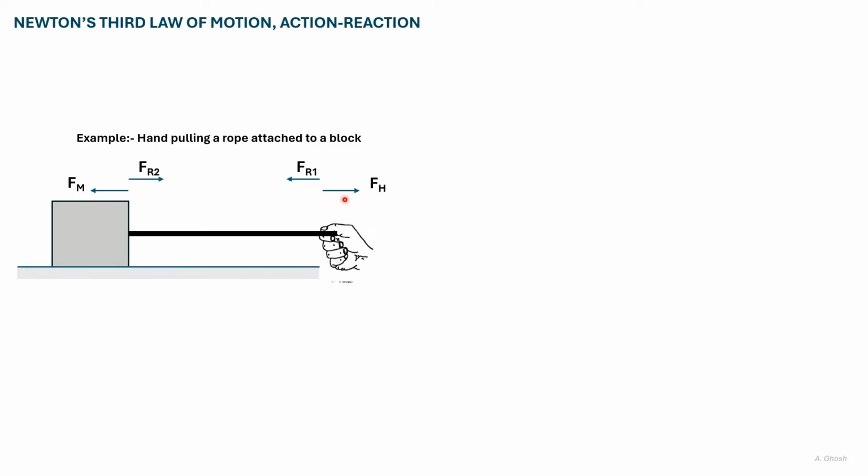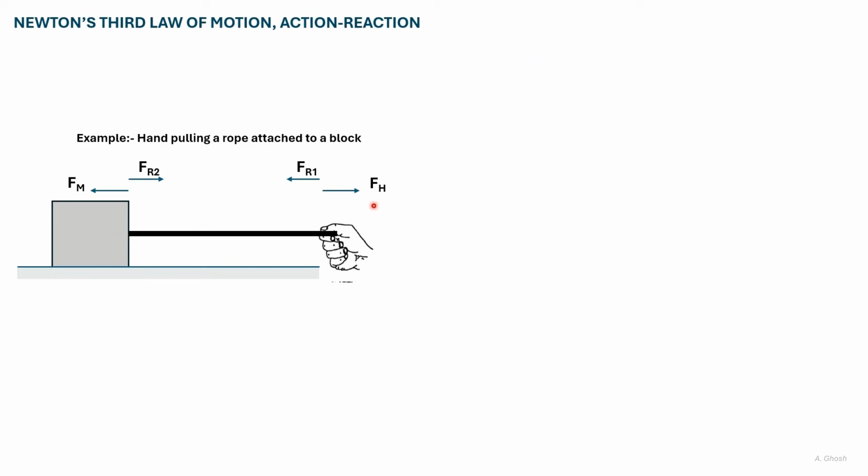So here the hand is pulling the rope with the force Fh, and the rope is pulling the hand with the force Fr1. The rope is pulling the block with the force Fr2, and the block is pulling the rope with the force Fm.